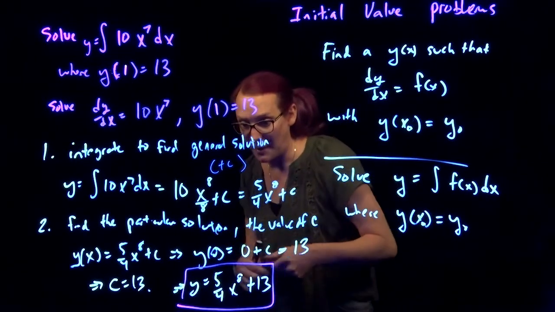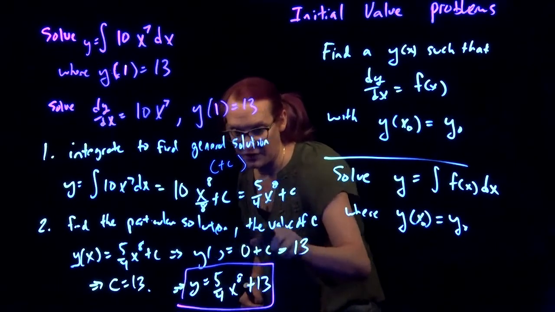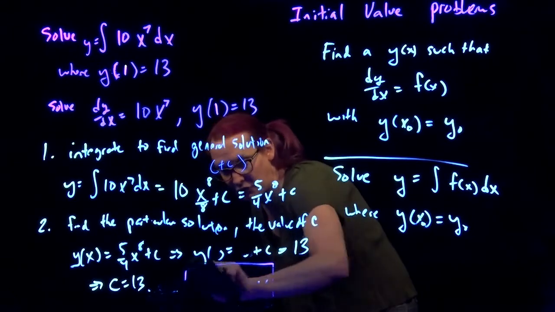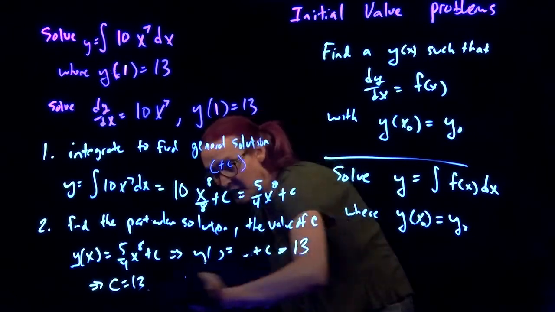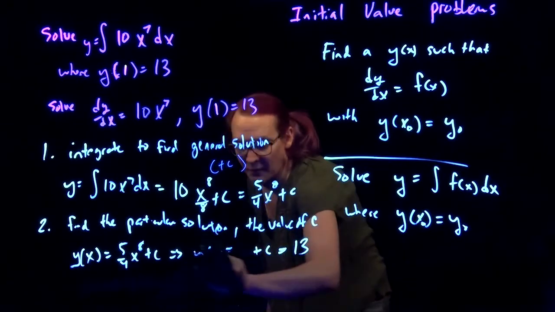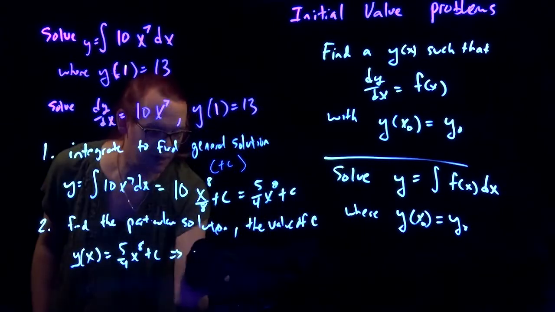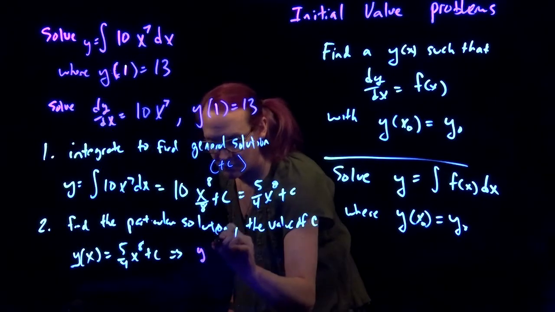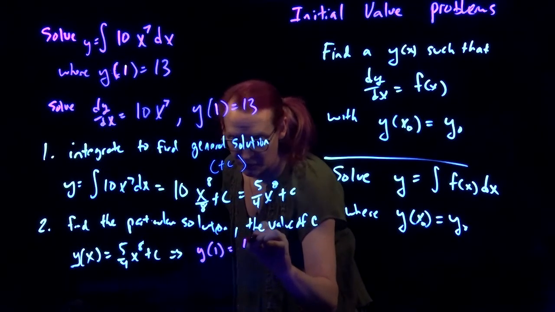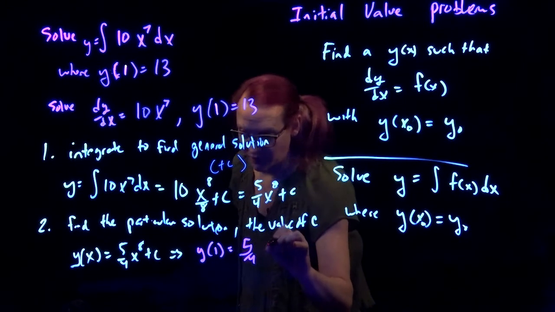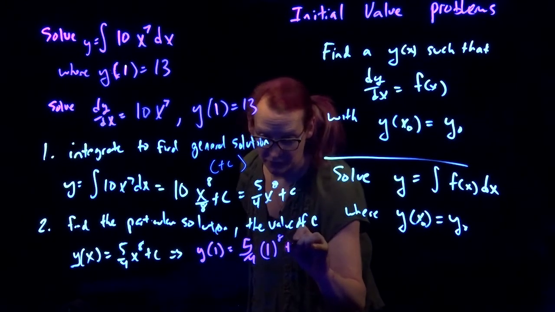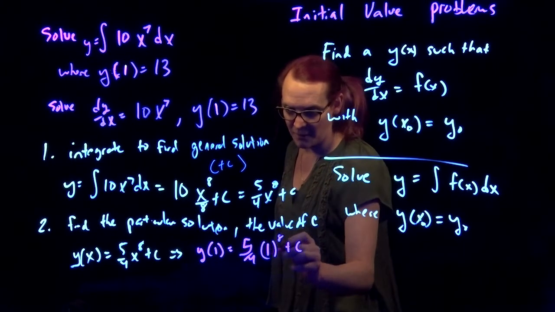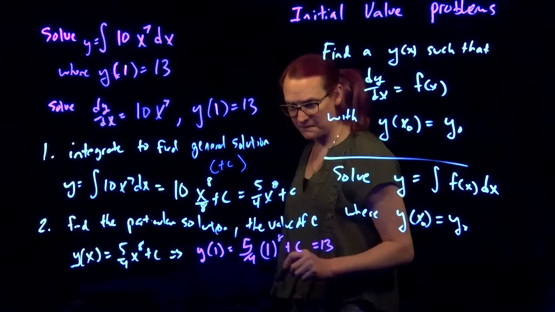So I need to go back and edit this now. So I don't have y at 0 equals 13. I have y at 1 equals 13. So I need to put in y at 1. Okay, so y at 1 is equal to 5/4 of 1 to the 8 plus c. 1 to the 8 is just 1, and that's equal to 13.